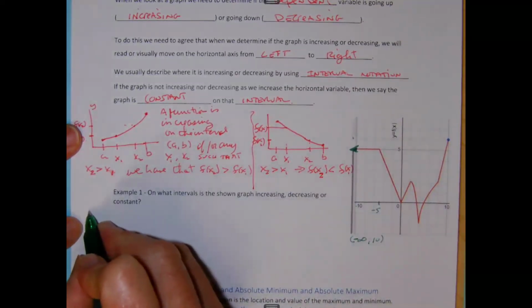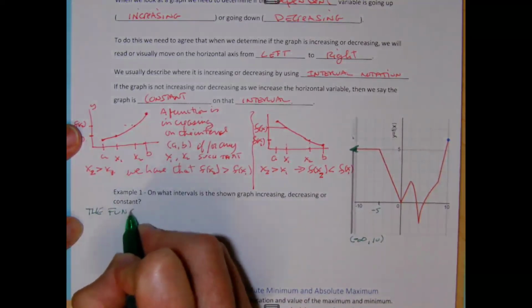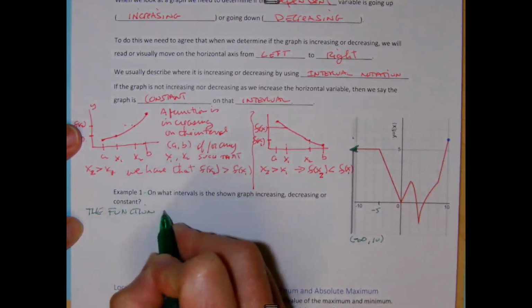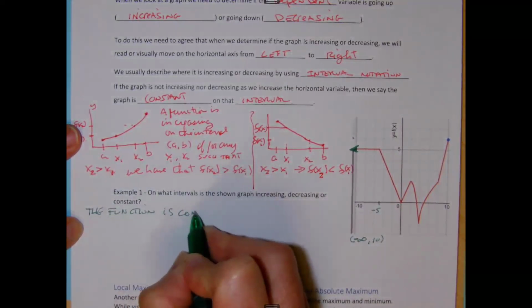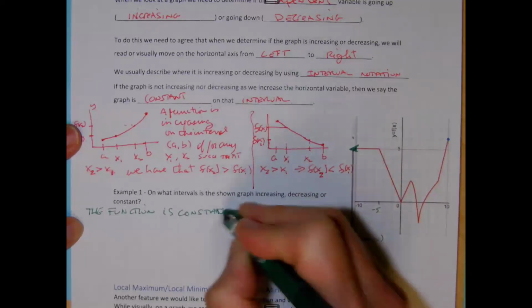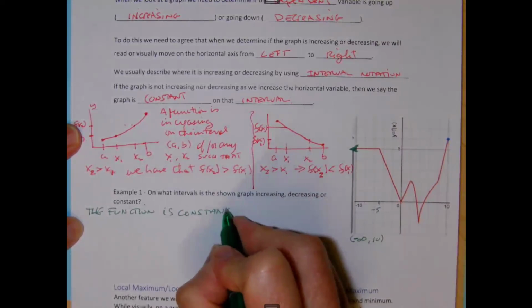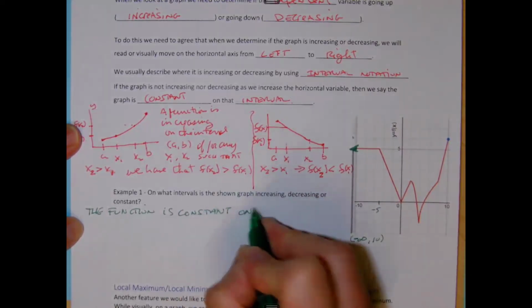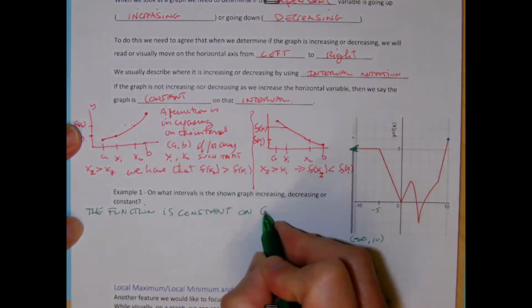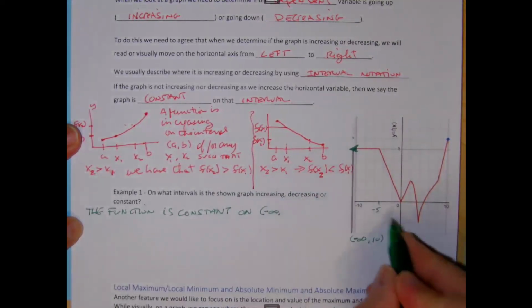So the function is constant. And again, I have to describe an interval, so going from negative infinity all the way to -5.